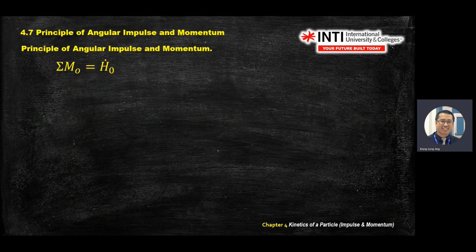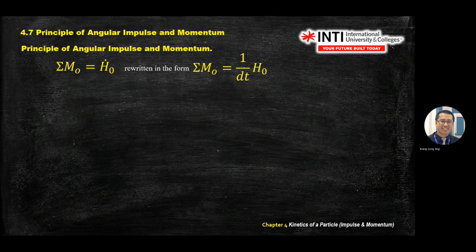H is angular momentum. H dot is d/dt of your angular momentum. We can write this on the right hand side: H dot is 1 over dt H_O. You move your dt to the left hand side.